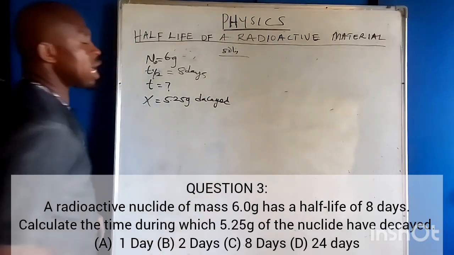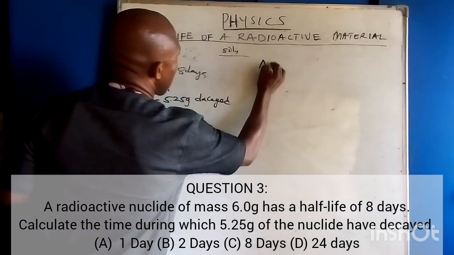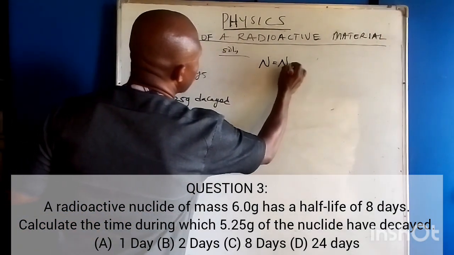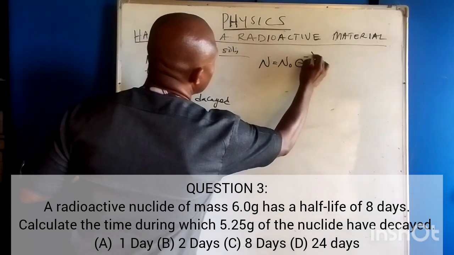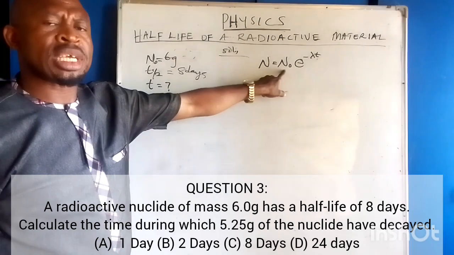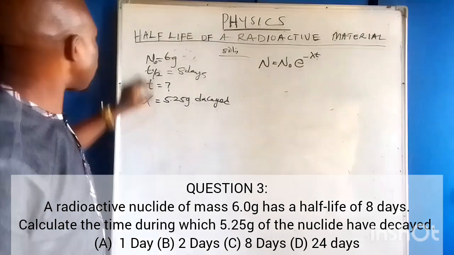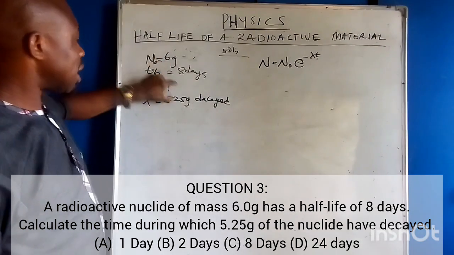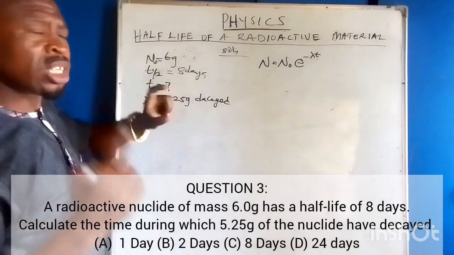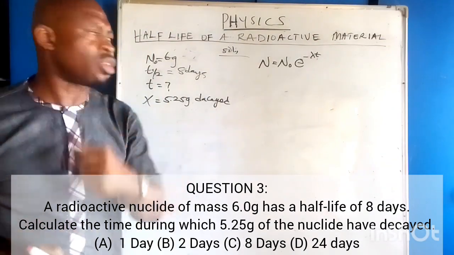The decay law says N is equal to N naught exponent minus lambda T. N naught is the original number. This one is the mass remaining. If this is the original mass, this one has decayed. The question we ask ourselves is, what is the mass remaining?